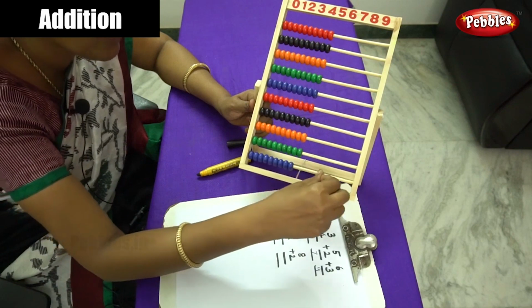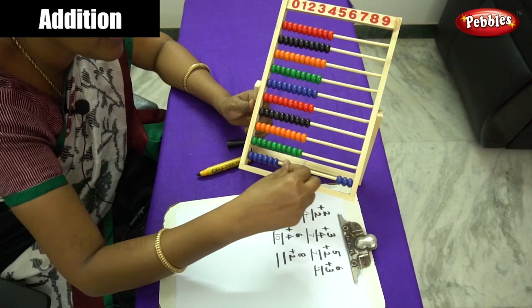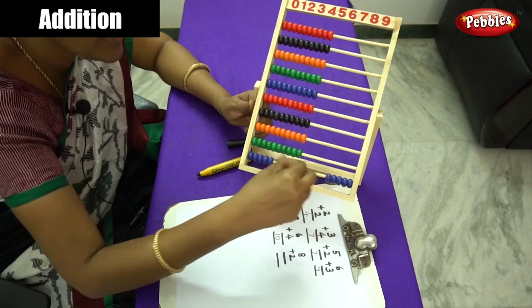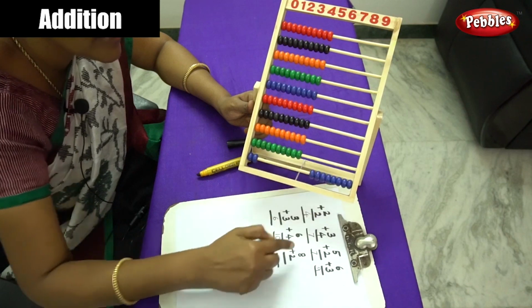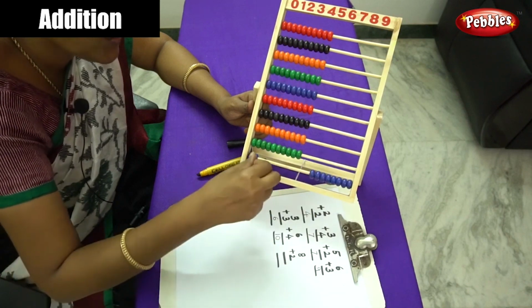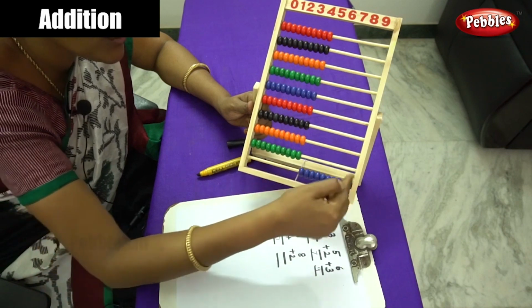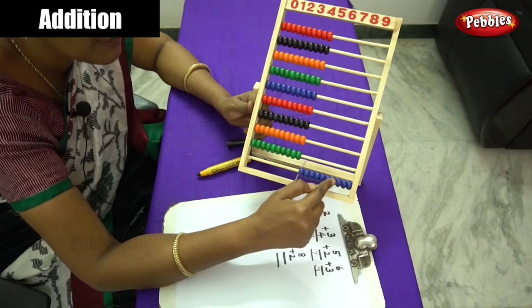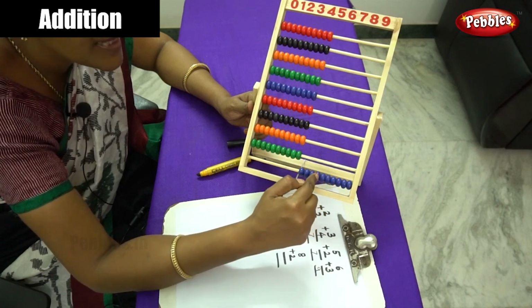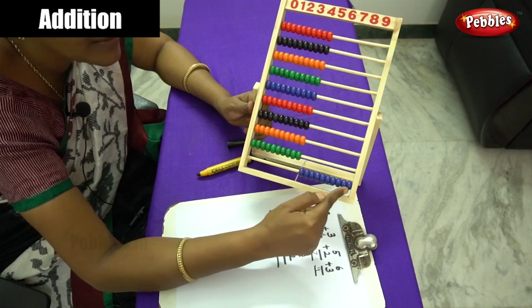Move forward. 1, 2, 3, 4, 5, 6, 7, 8. Next number is 2. 1, 2. Count the total number. 1, 2, 3, 4, 5, 6, 7, 8, 9, 10.